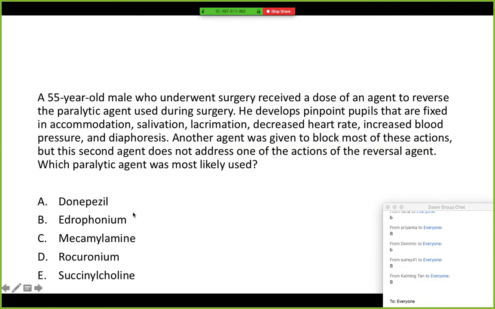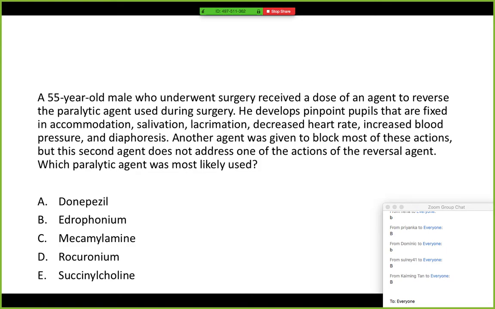Okay. So you have a 55-year-old male who underwent surgery, received a dose of an agent to reverse the paralytic agent used during surgery. He develops pinpoint pupils that are fixed in accommodation, salivation, lacrimation, decreased heart rate, increased blood pressure, and diaphoresis. Another agent was given to block most of these actions, but the second agent did not address one of the actions of the reversal agent.